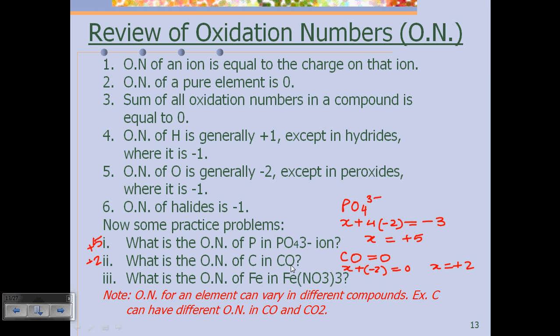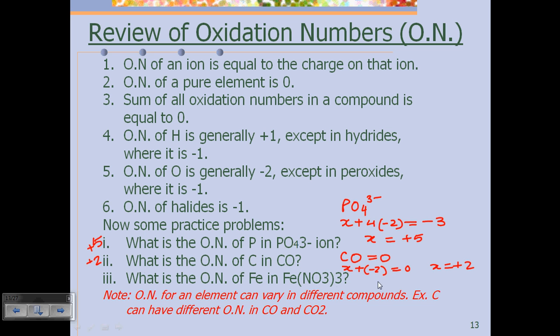In CO, carbon shows oxidation number of 2. And in CO2, carbon shows oxidation number of 4. So oxidation number is again a made up or imaginary way of assigning charge or showing the electron distribution in a compound.